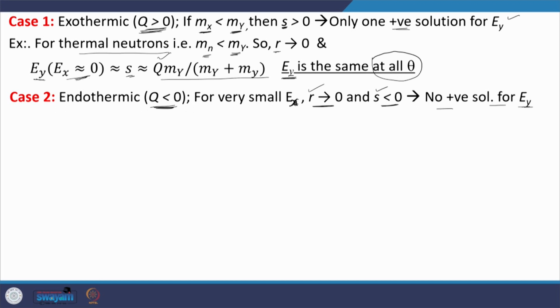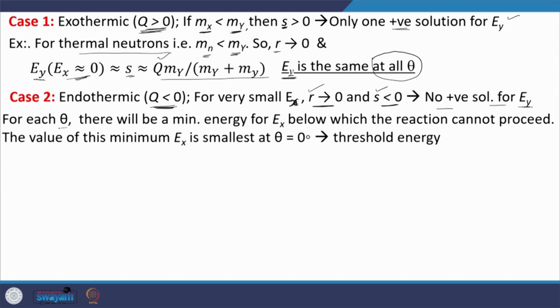What does it mean? It means we require some minimum energy for the projectile incident beam. Then only can the reaction happen, and then only can we have some energy for the ejectile. So, for each value of theta in this particular case, there will be a minimum projectile energy below which the reaction cannot proceed.